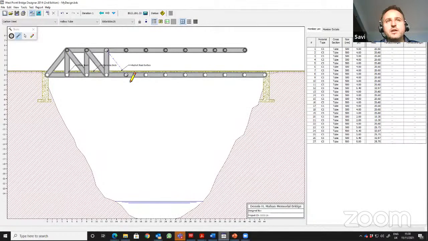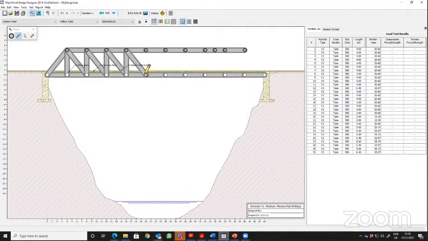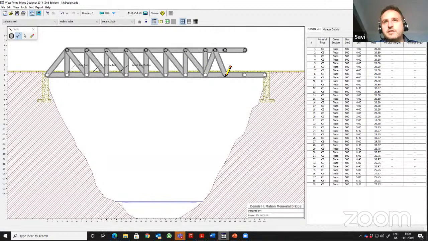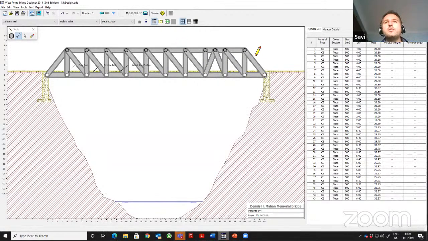So you can do that for fun. Actually, one important thing is that you have all these triangulated structures. You need to have all triangles, otherwise it won't work.